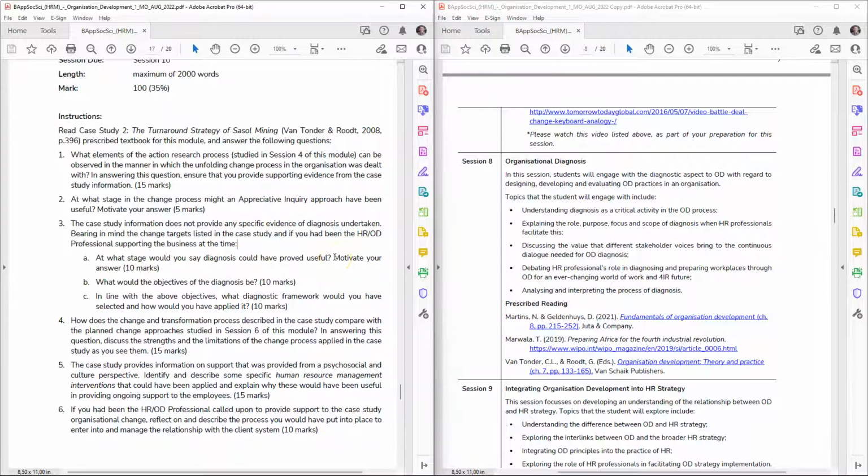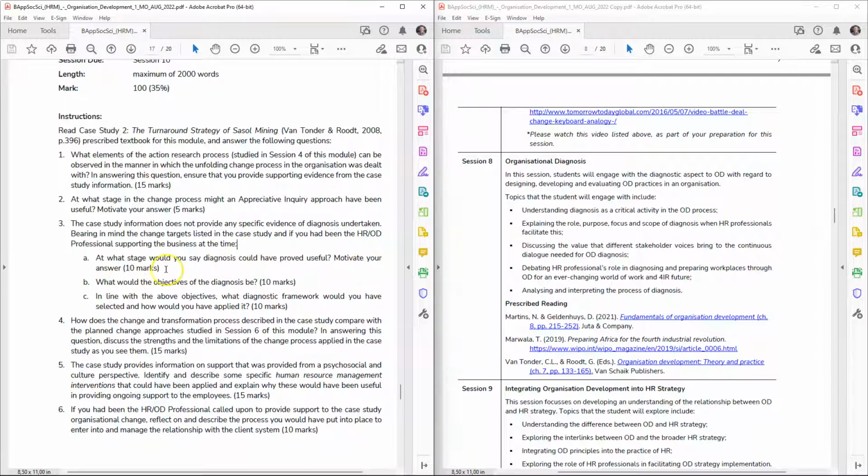So there would probably be generally a logical place in terms of the case study context where diagnosis could have proved useful more than likely than other places. But again, you have some leeway here.